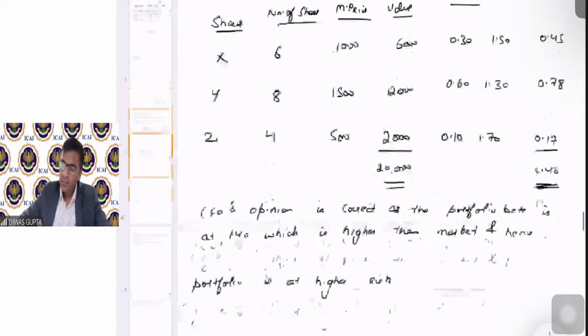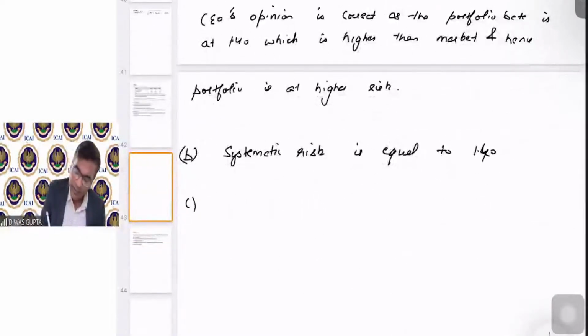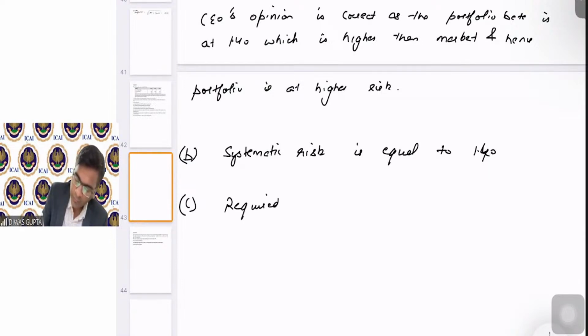Then, advise the value of risk-free securities to be acquired. Now they're asking us how much risk-free securities to be acquired. So students, CEO said that we have to bring our portfolio to a beta of 0.95. So required beta is what? 0.95, correct?